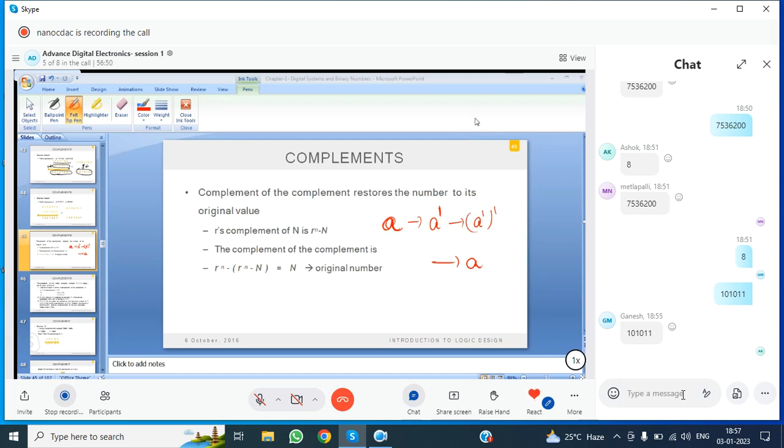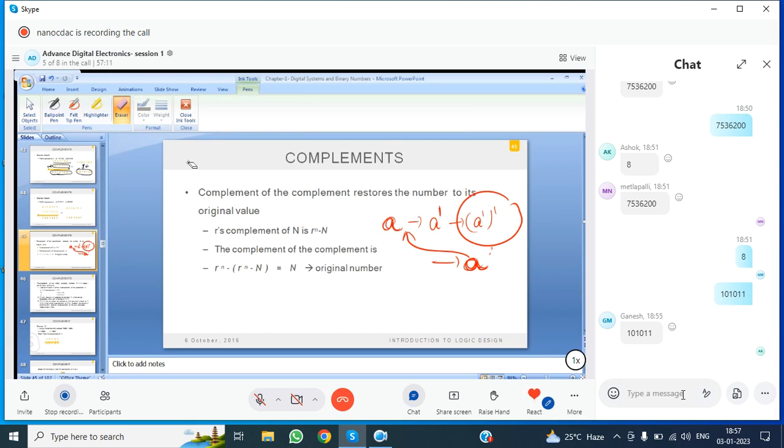So this is called the complement of the complement. When you are finding the complement of the complement, it will restore back the original value. That is the use of complement of the complement.